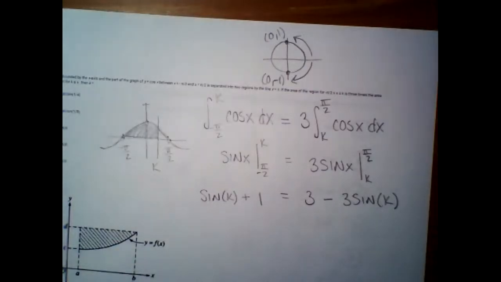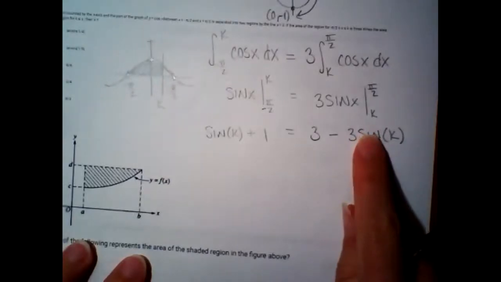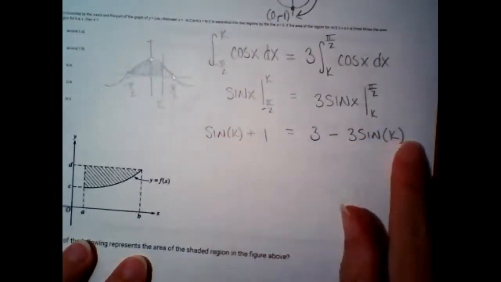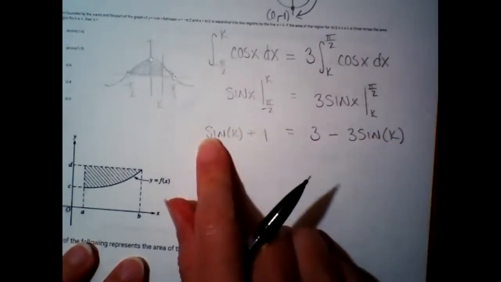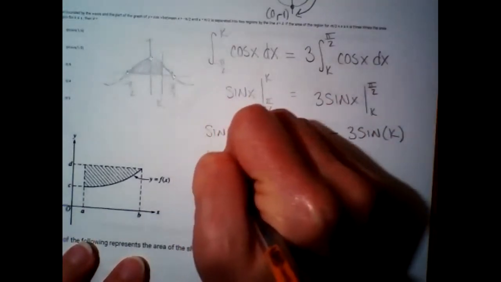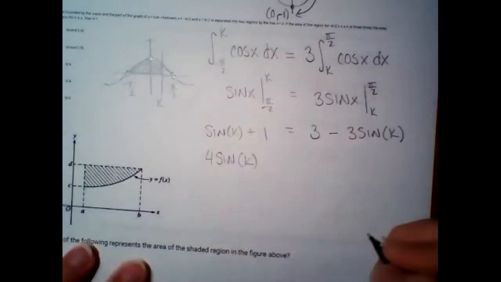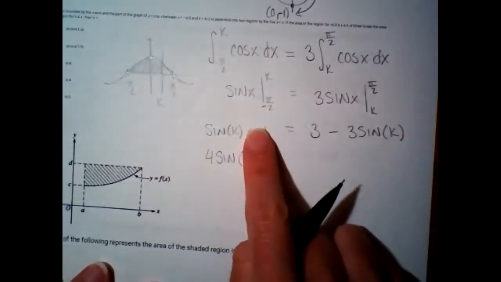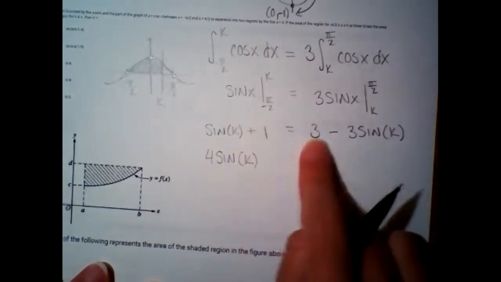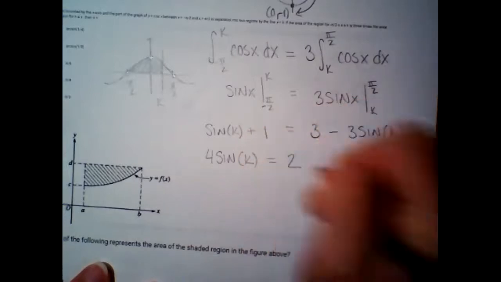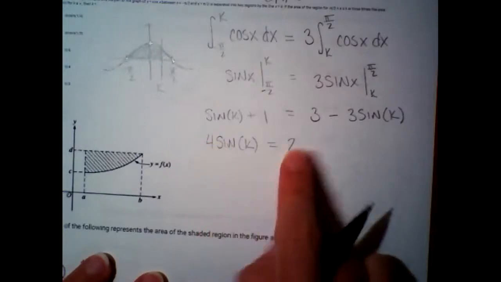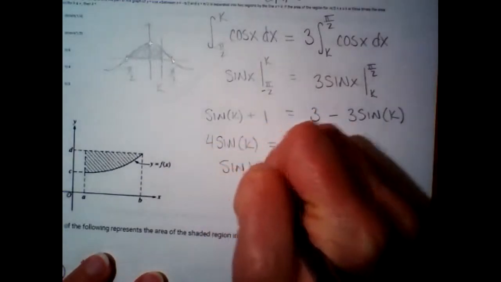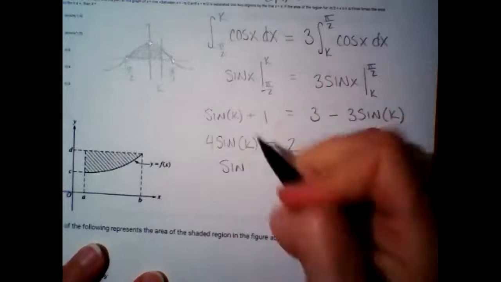So getting our like terms together, I'm going to add this 3 sine of k over to the other side. So if I have 1 sine of k plus 3 sine of k, that's going to be 4 sine of k. And I'm going to subtract this 1 over to the right side. So 3 minus 1 will give me 2. Divide over the 4, 2/4 is going to reduce to a half.